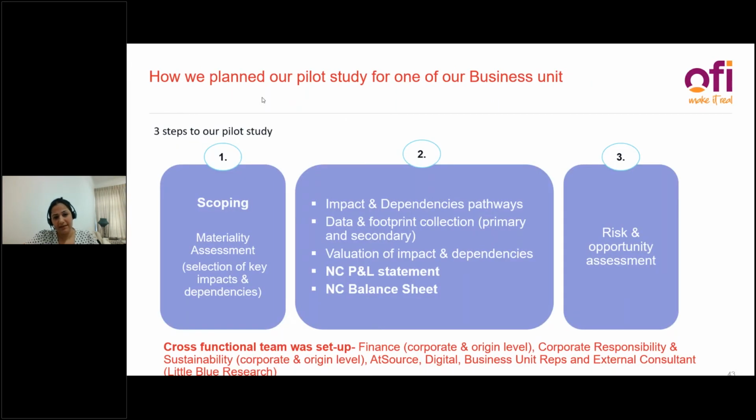So how we planned our pilot study for one of our business units is we started with scoping, and one of the key takeaways, I think, is to really scope things well. Scoping is important because we need to look into the key material areas, impacts and dependencies, and ensure that nothing gets missed.